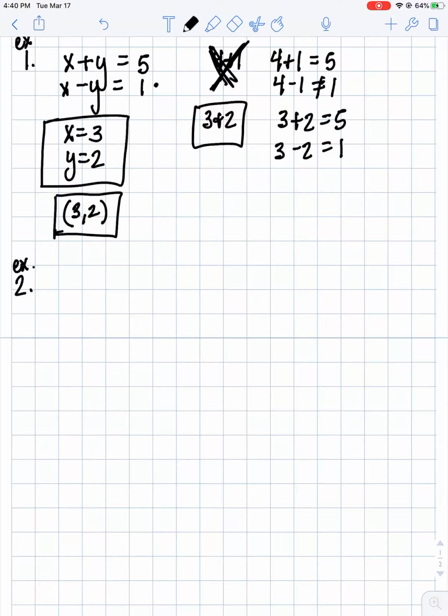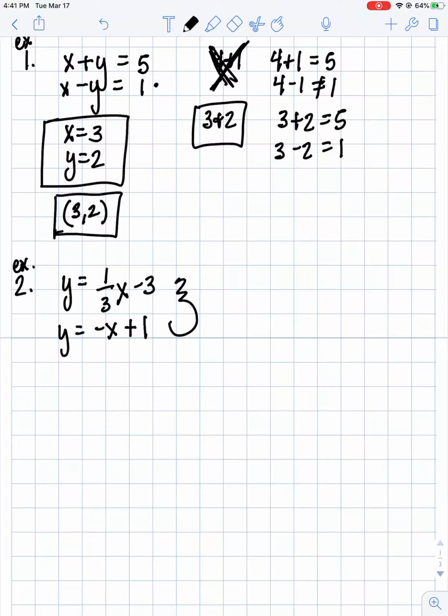Let's move on. Example number 2. Let me give you, let me come up with 1. y equals 1/3 x minus 3. And y equals negative x plus 1. Okay?